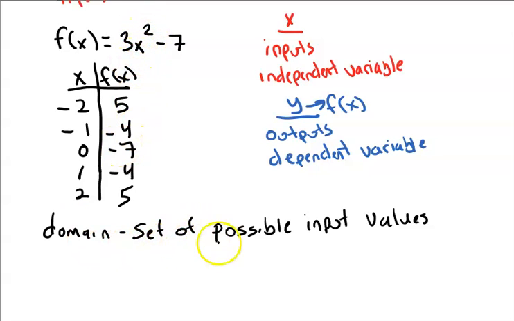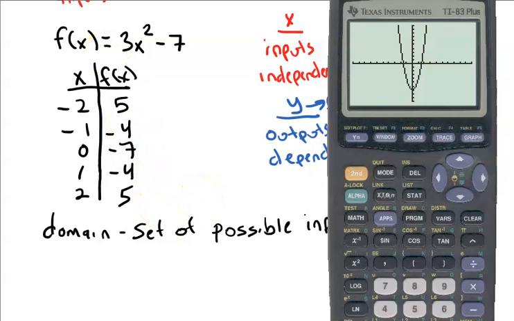So my set of possible inputs for this function is everyone. We call that all real numbers. You can see on the graph how this graph is going to go forever in the positive x direction and the negative x direction. And so the graph is telling you also that any number for x will end up on this graph eventually.